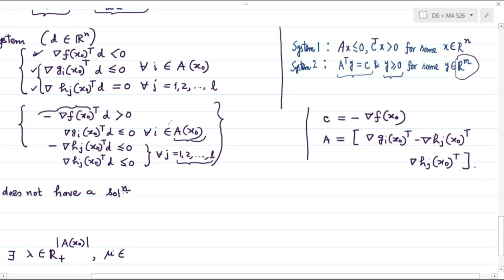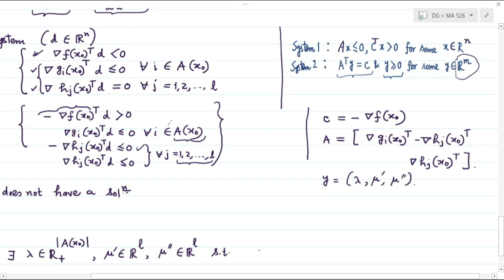So let me take mu dash, belonging to RL, and mu double dash, belonging to RL, such that A transpose y equals c. Here y is nothing but this lambda, mu dash, mu double dash.